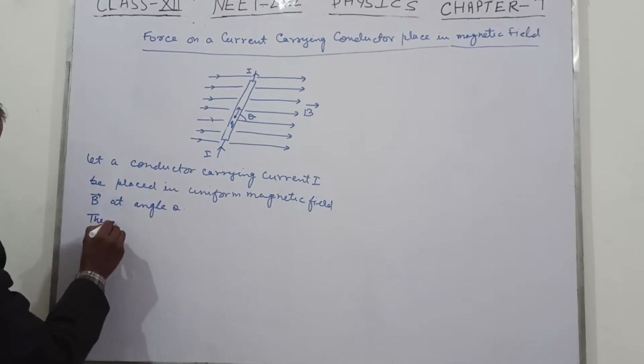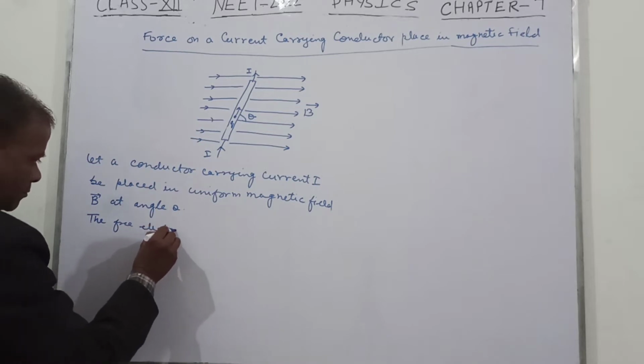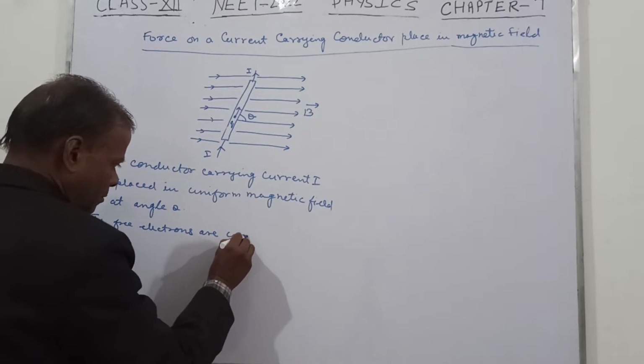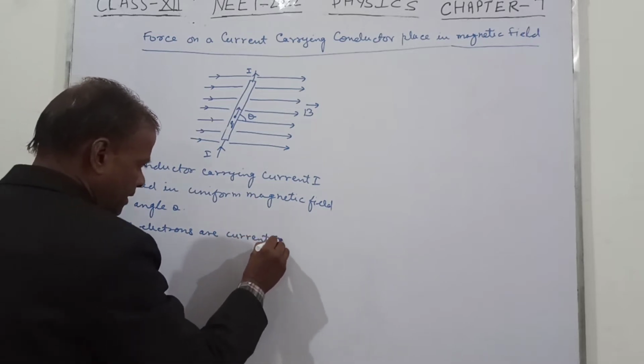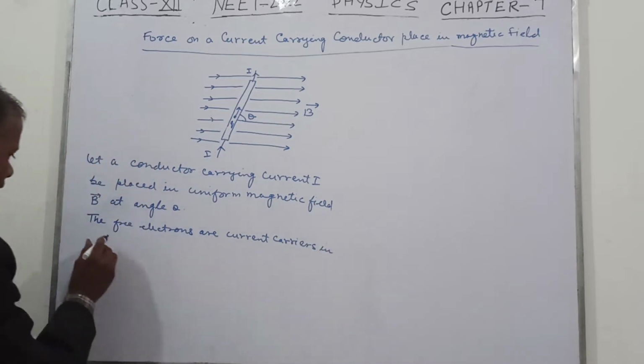The electrons are current carriers in the conductor.